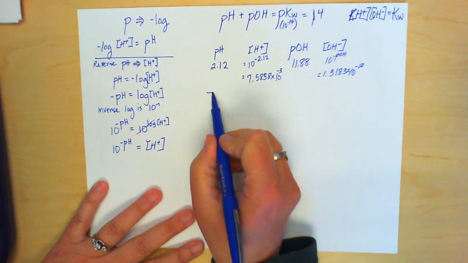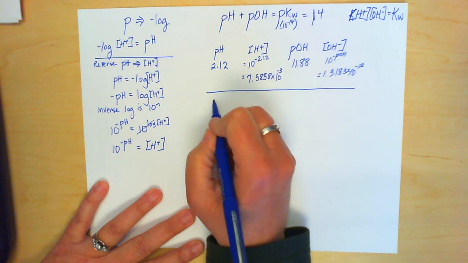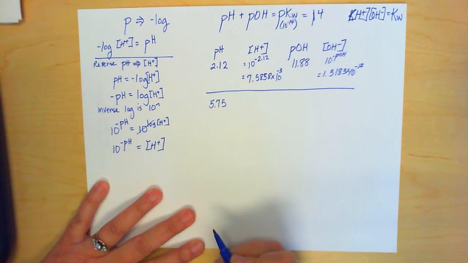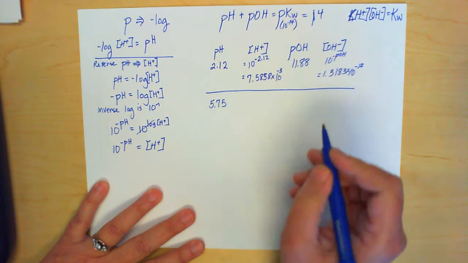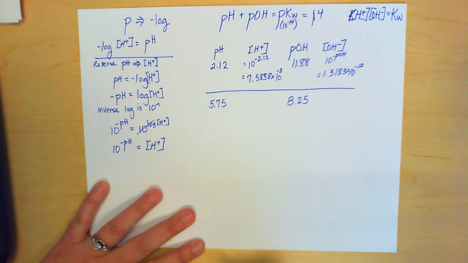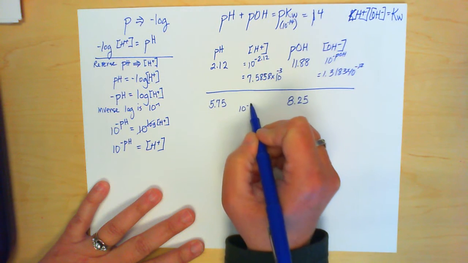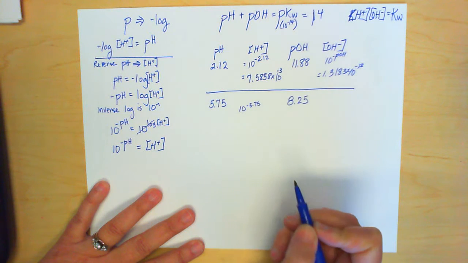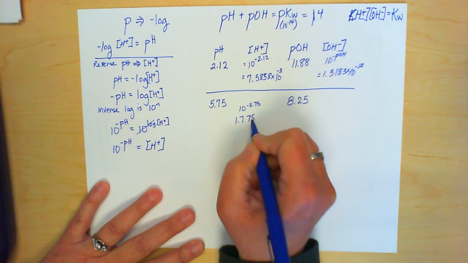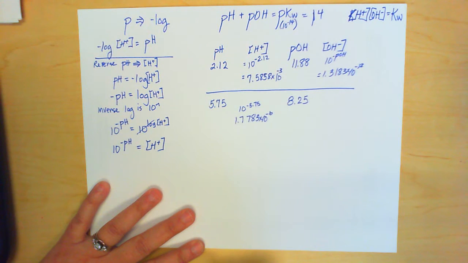Okay, so we're going to do this again, except this time we're going to use a pH of 5.75. If our pH is 5.75, then our pOH is 8.25. That being the case, if we take 10 to the negative 5.75, or the negative pH, we're going to get 1.7783 times 10 to the minus 6 as my H plus concentration.